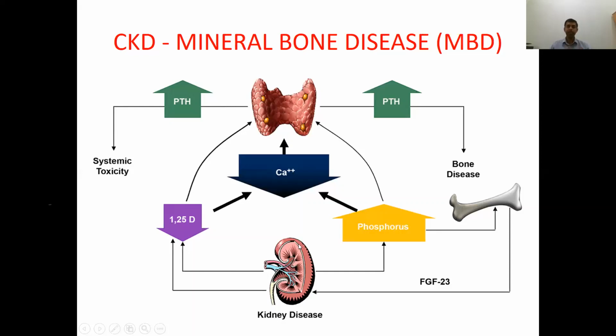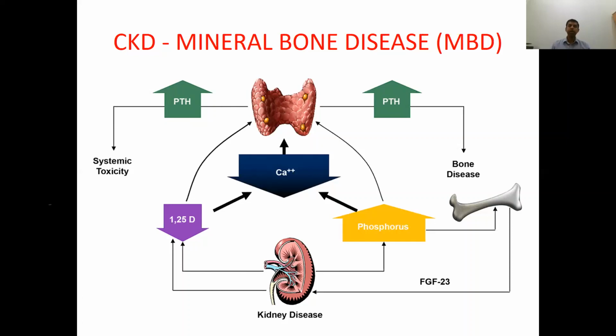At the same time, because of the low vitamin D and the high phosphate, your calcium levels are going to go down, and your hypocalcemia is also going to stimulate your parathyroid glands. And so you can see you will have low calcium, high phosphate, low vitamin D, and high PTH in your CKD patients, and all these together you call mineral bone disease of CKD.